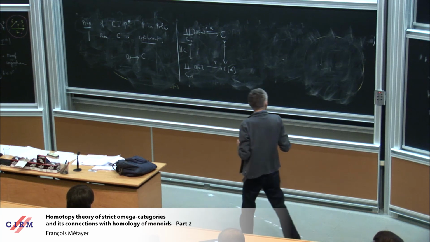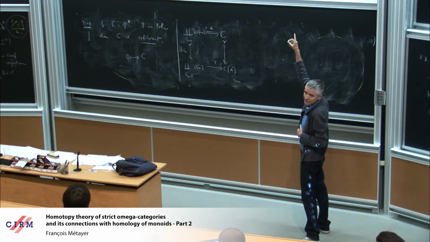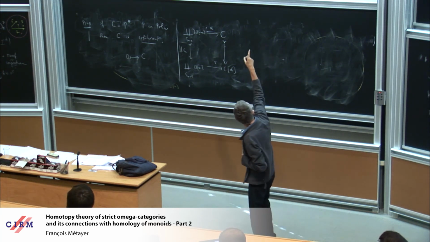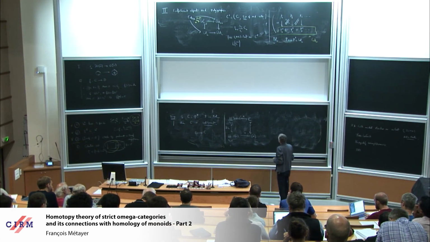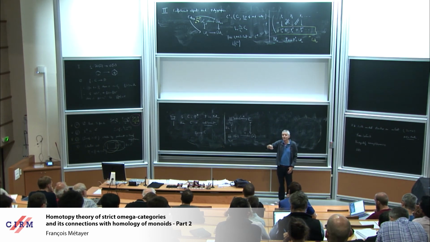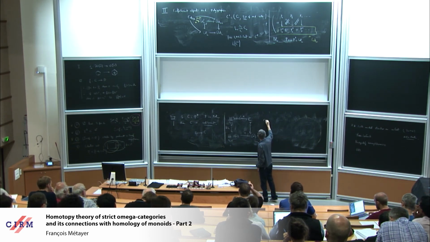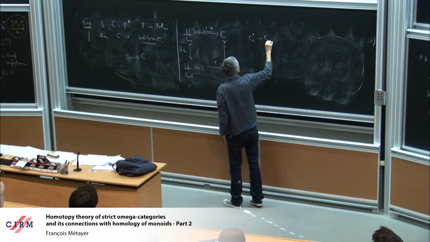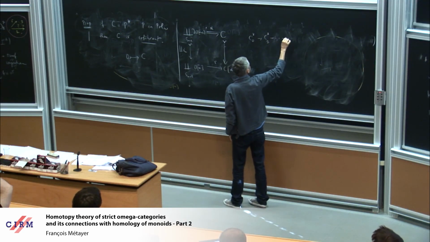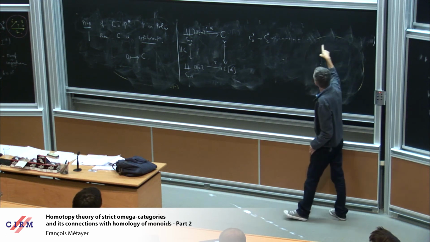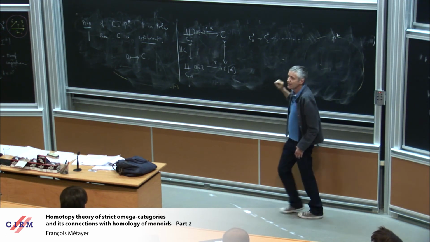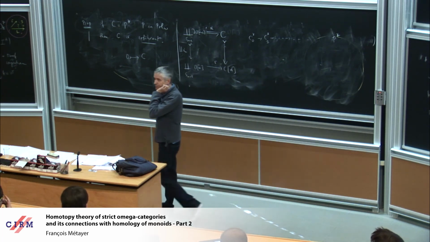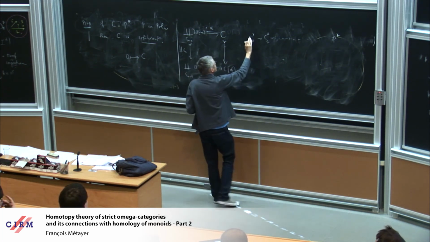And if you build polygraphs as I showed you by stages, then what you get is a sequence of freely generated n categories starting with C0, then it injects in C1, etc. Okay, at the co-limit, you get your category P star like this. Okay, I should have written P, it's better.